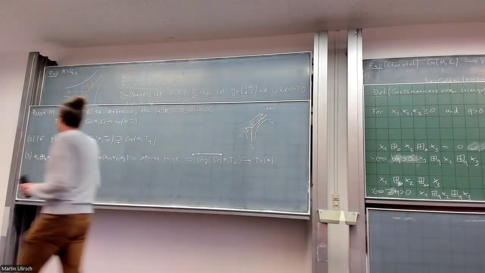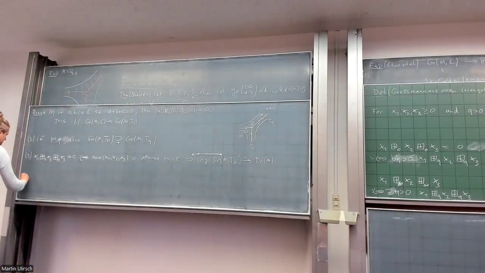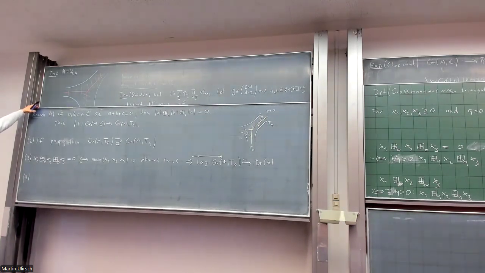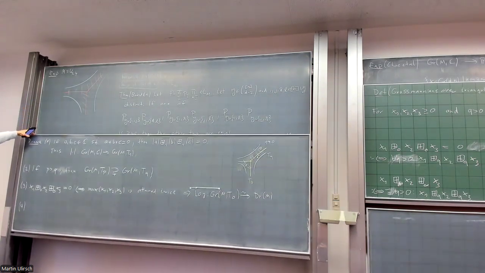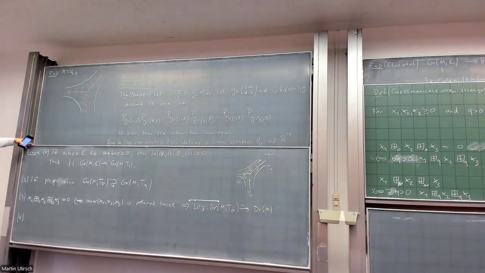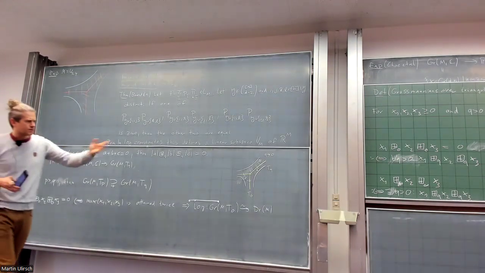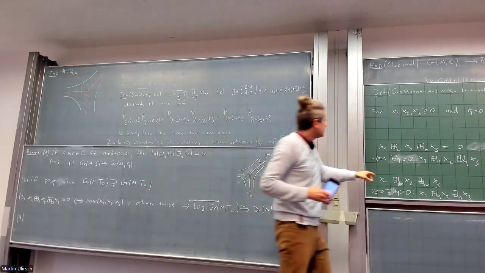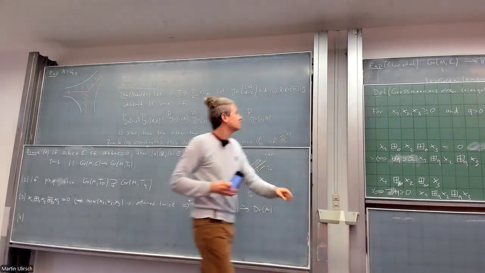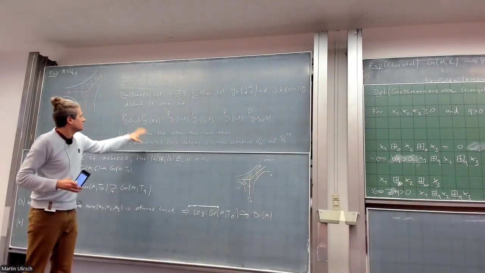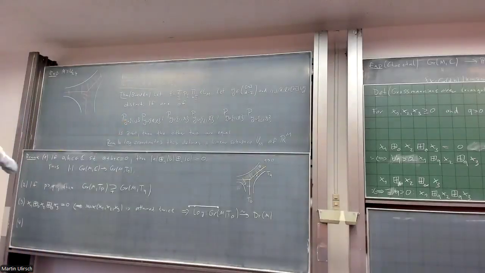And T infinity can also be understood. One can check that this condition really just means this condition that we have here. So if one of x1, x2, x3 is 0, then the other ones have to be equal.